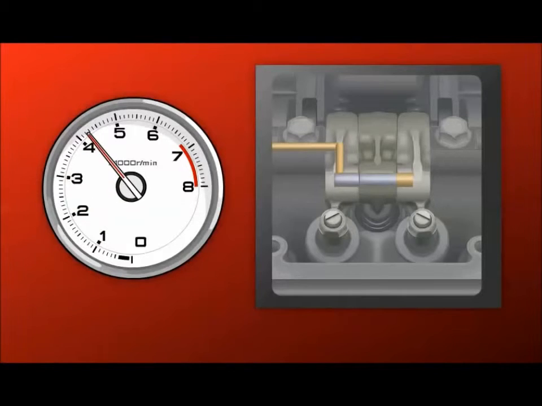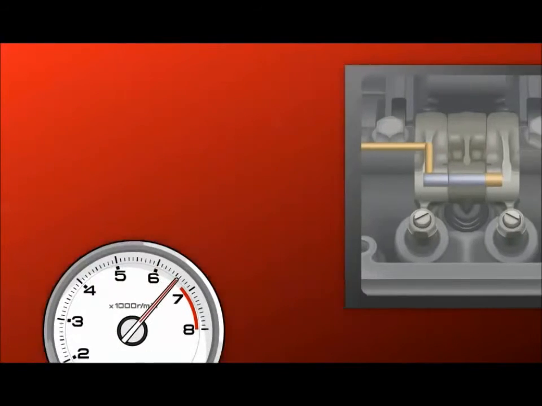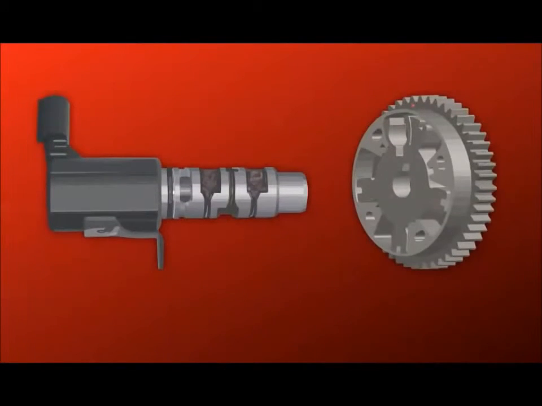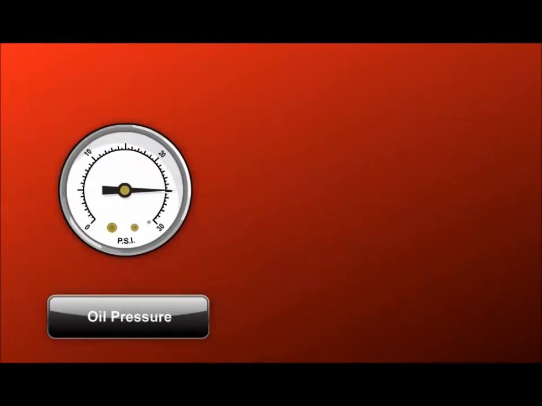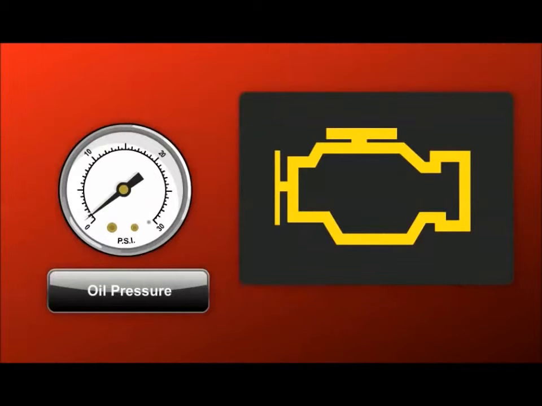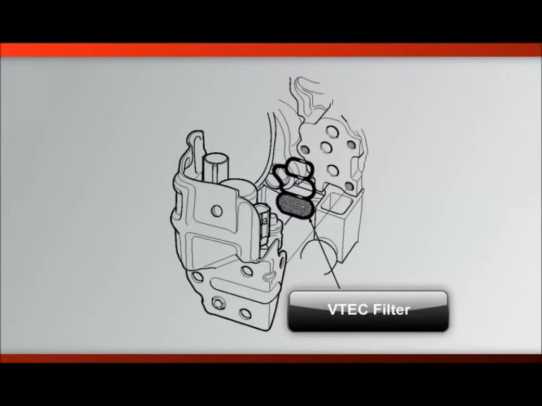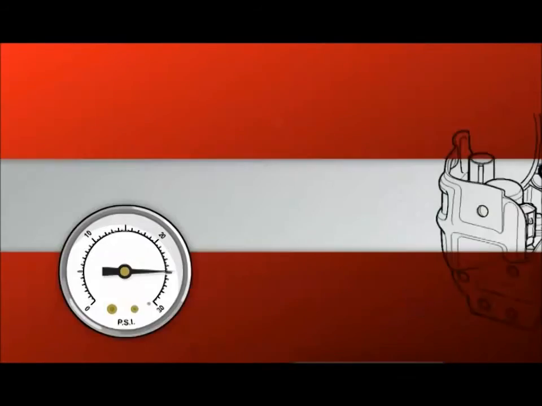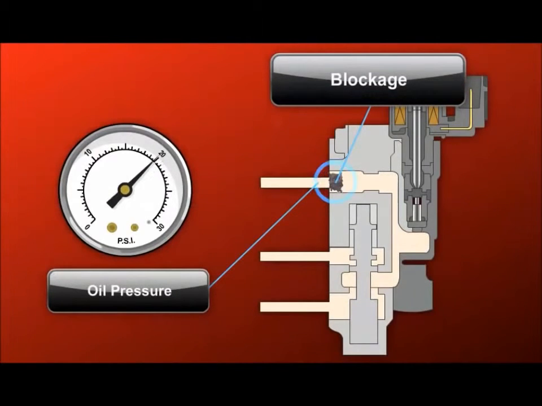Low engine oil pressure can cause VTEC engagement problems or VTC position faults. If overall oil pressure drops, these faults may cause the PCM to set a DTC. The VTC or VTEC solenoid filter screen can also illuminate the MIL. Sludge or other blockages can isolate the VTEC system even when overall system pressure is good.